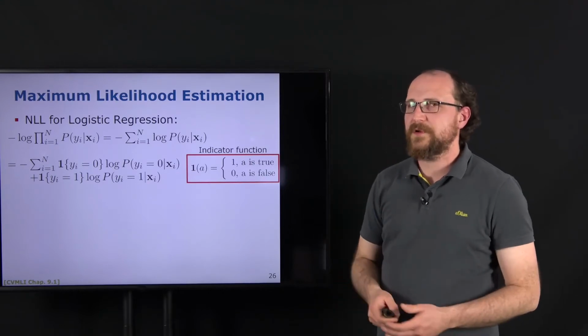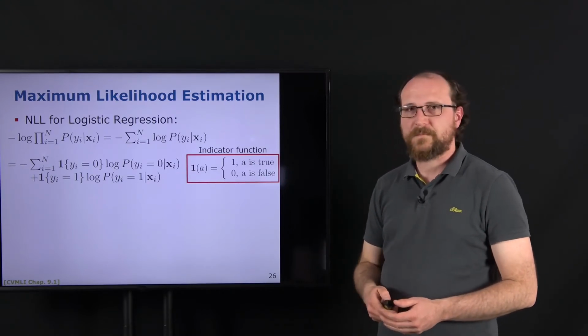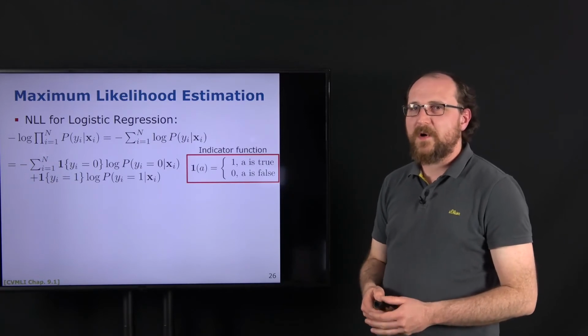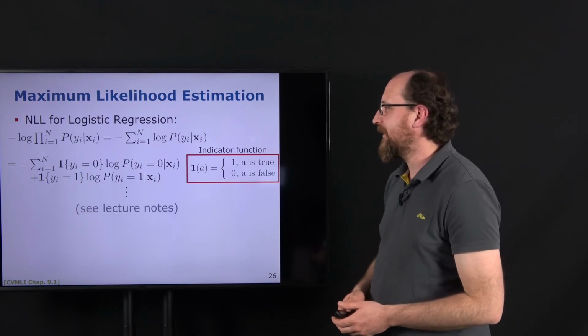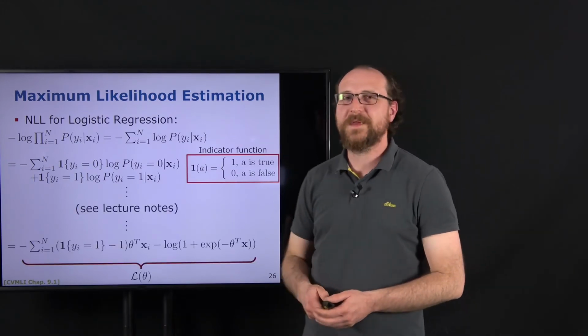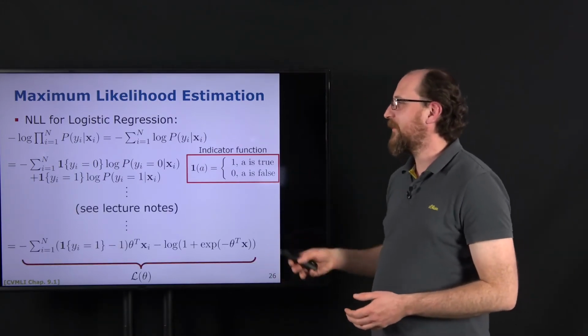It's just a notational thing in the end. Now I don't want to bother you with the derivation, but you can find it in the lecture notes, the whole thing, how you derive it in the end.